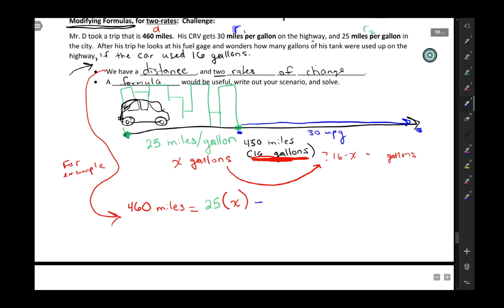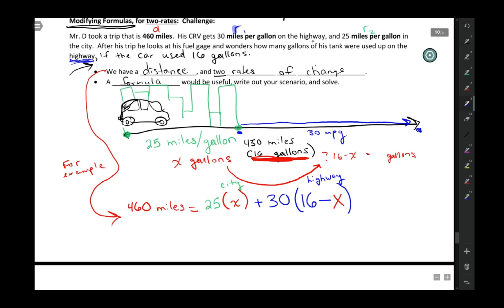Plus 30 miles, and we used 16 minus x gallons on the highway. Again, green is city, blue is highway. In the end, we want to know how many gallons of tank were used up on the highway, so we'll get there.